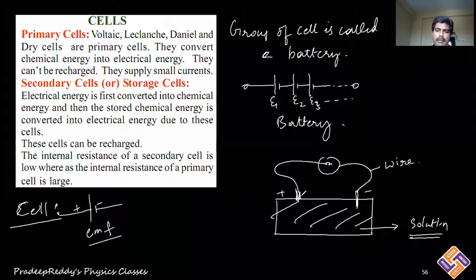The positive terminal is that which is losing electrons. The negative terminal is that which is gaining electrons. When the chemical reaction takes place, one electron from the negative terminal is transferred to the positive terminal, and one electron from the wire is pulled by the negative terminal.